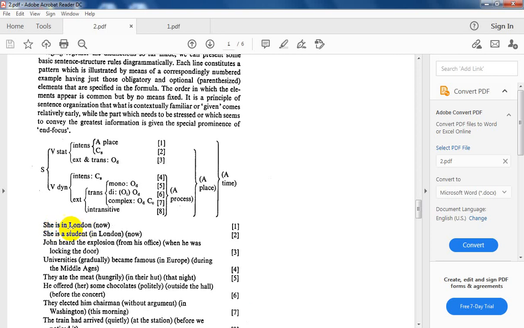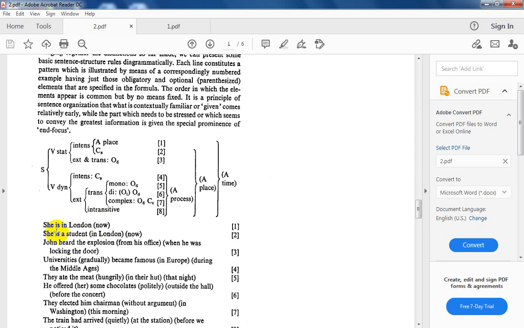In London here is an adverbial of place and it is obligatory. So this is SVA, the obligatory one. What is between two brackets, parentheses, is optional and can be omitted. Which kind of verb here? It is intensive stative, no action.